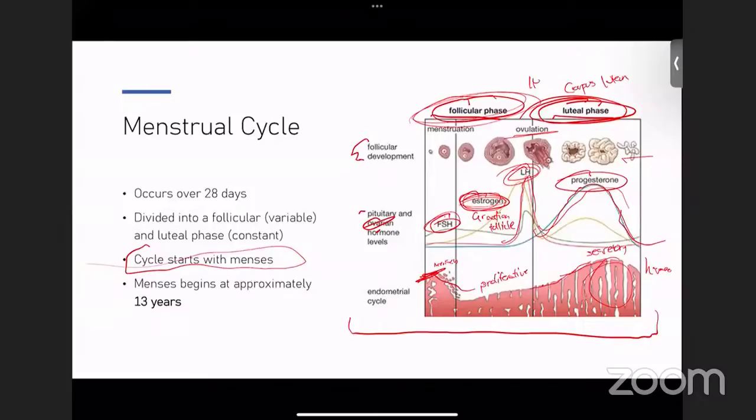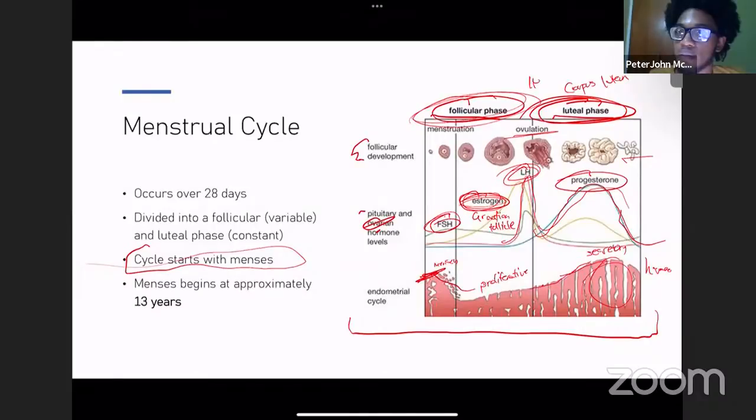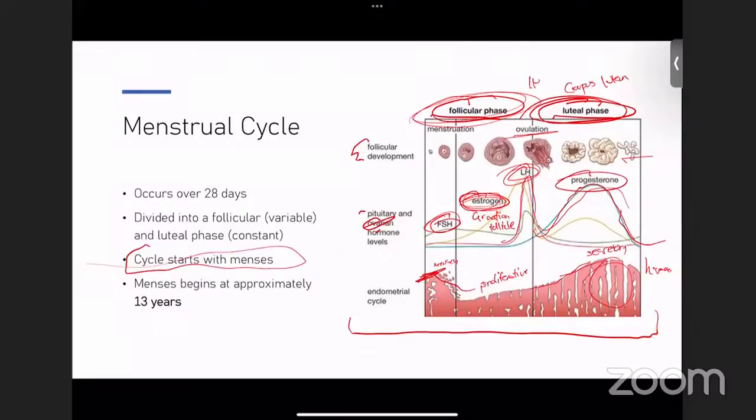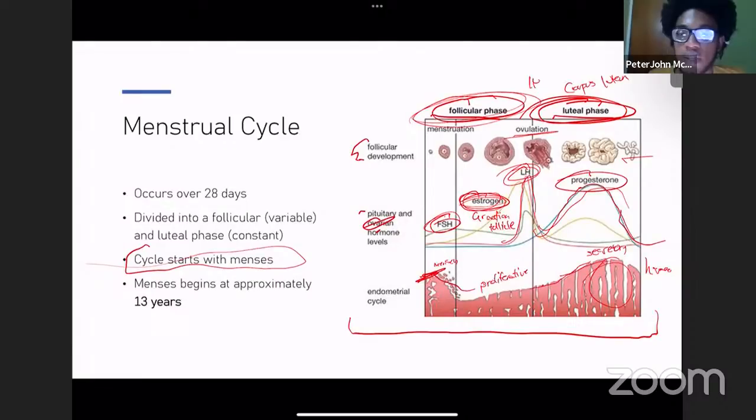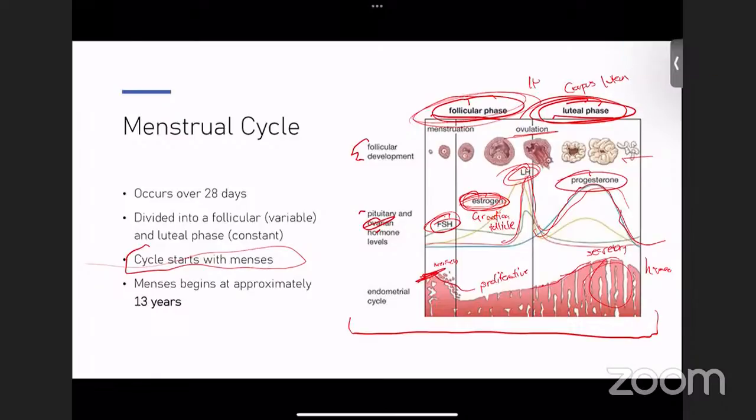The pituitary gland now will secrete luteinizing hormone, which will... Wait a second. You didn't talk about estrogen. The Graafian follicle secretes estrogen during the second part of the follicular phase.